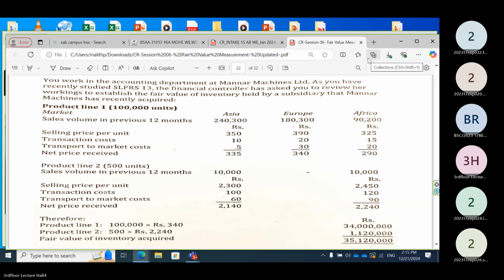Accordingly, the most advantageous market is Africa, right?